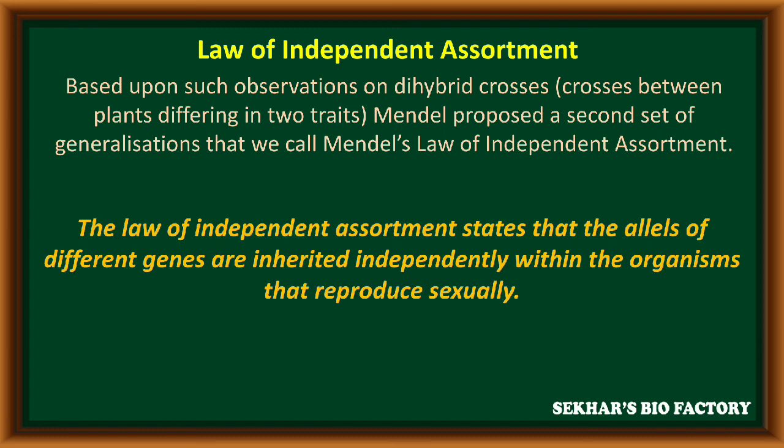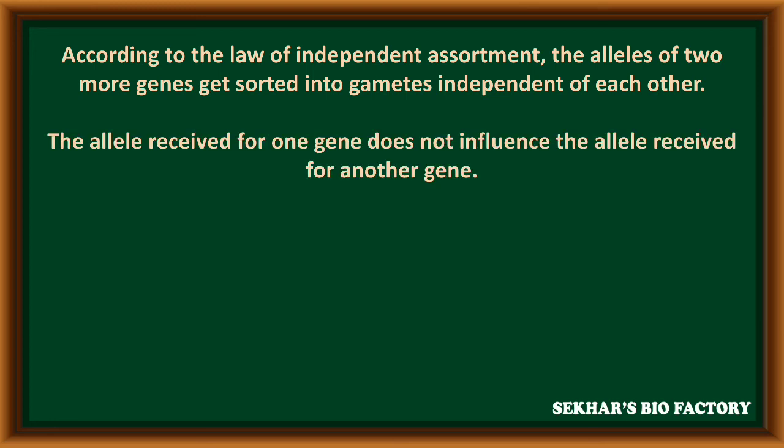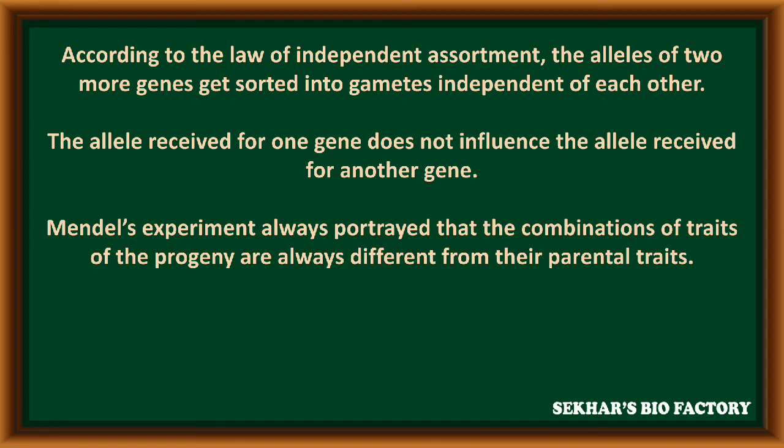The law of independent assortment states that the alleles of different genes are inherited independently within organisms that reproduce sexually. According to this law, the alleles of two or more genes get sorted into gametes independent of each other. The alleles received for one gene do not influence the alleles received for another gene.